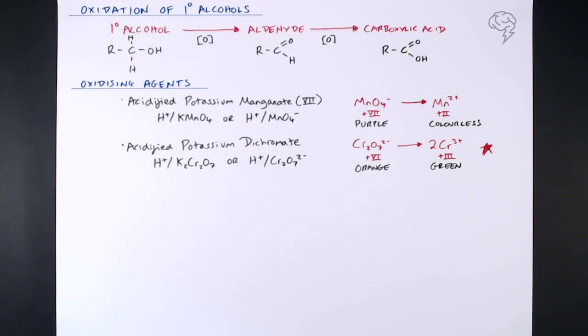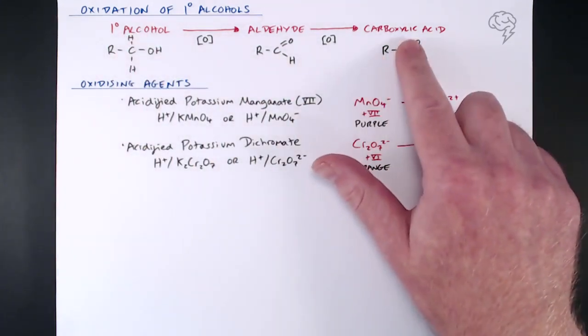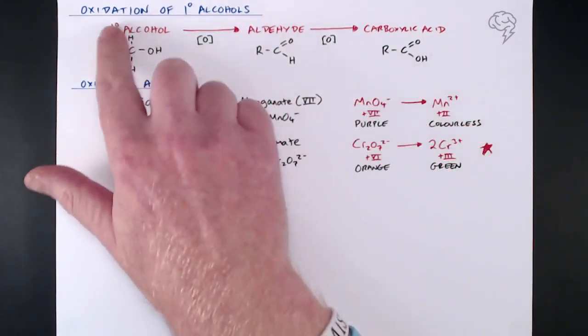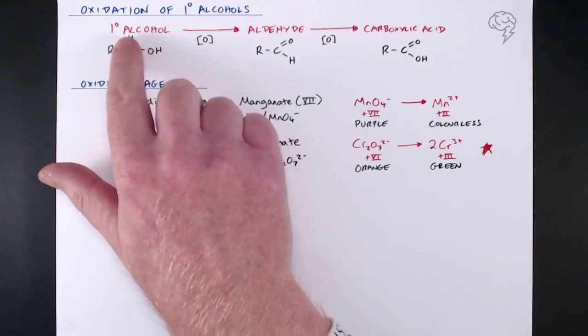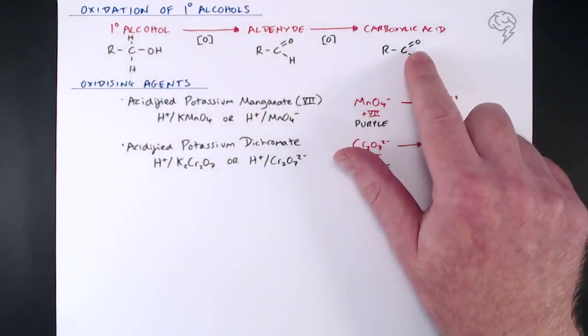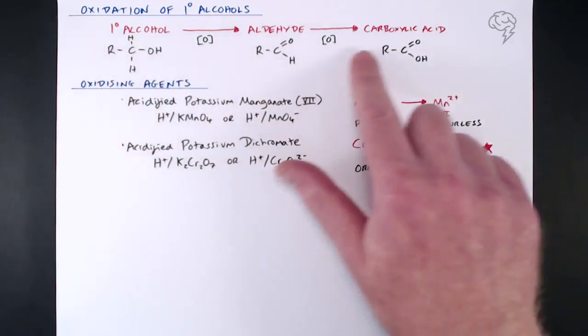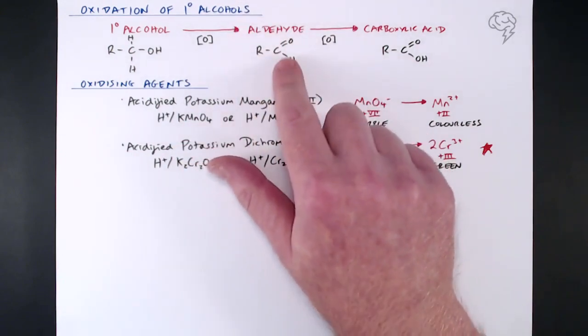Speaking of which, what if we don't want to go from here all the way to here? We need to stop this process. If I heat an alcohol with one of these two in a test tube and just let it run, it will get oxidized to the aldehyde and then get further oxidized to the carboxylic acid. So we need to think of a way, because we can isolate this. We need to be able to stop this halfway through.